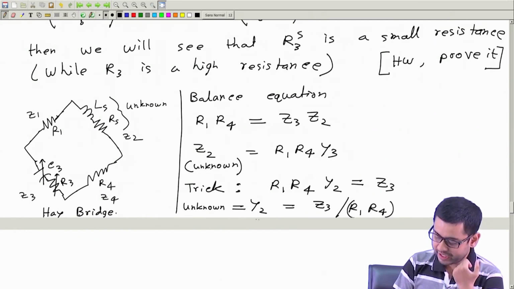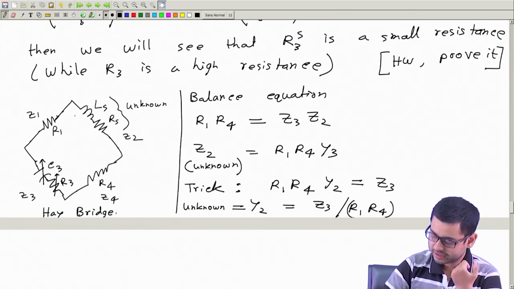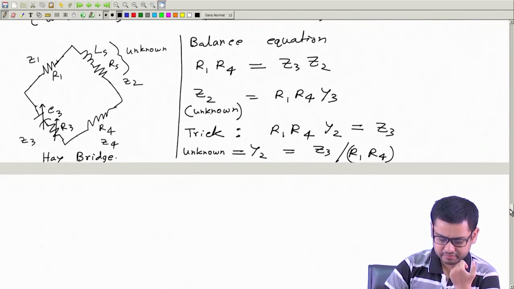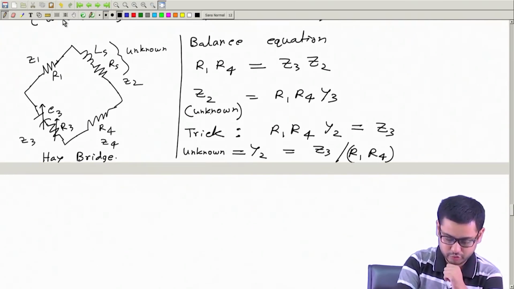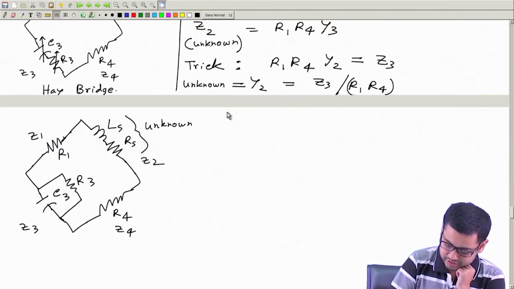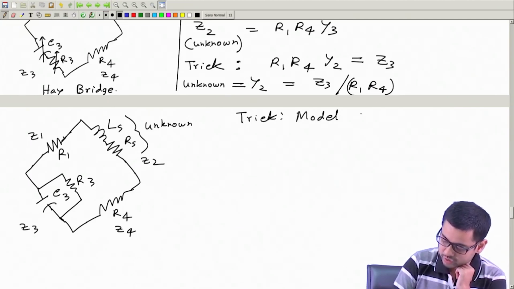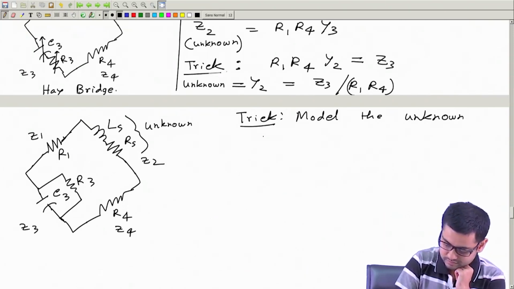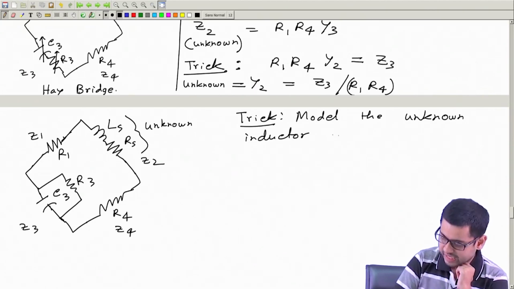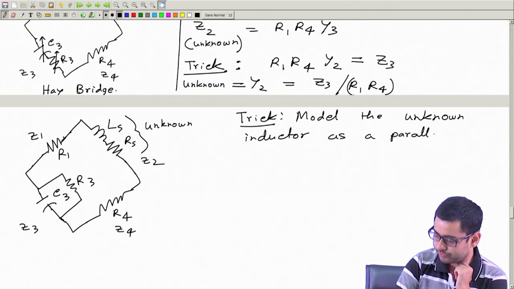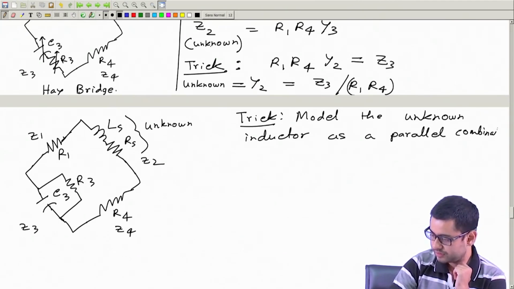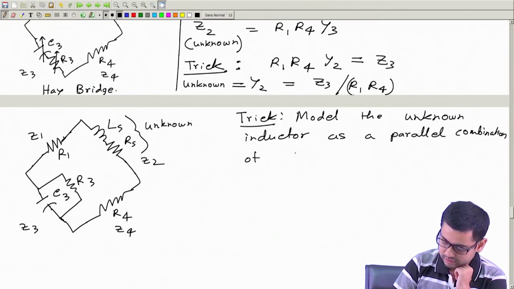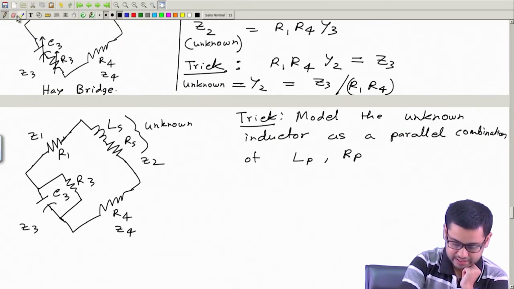Now, Y2 will again be difficult to compute because these elements are in series, but one trick you can do, if you like, is model the unknown inductor as a parallel combination of an inductor LP and RP. Okay. So, like this.